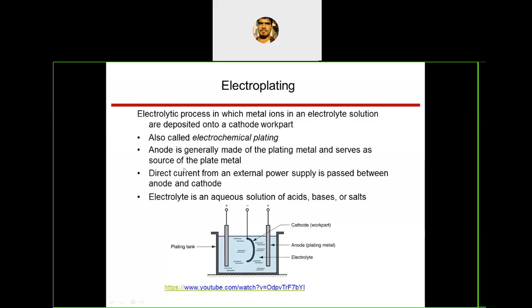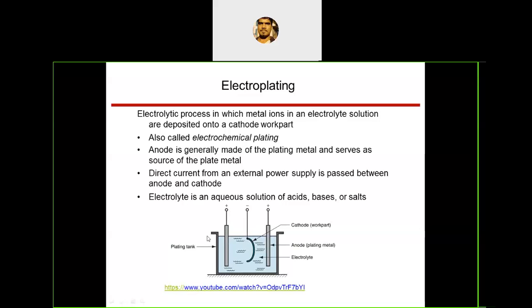See here, this is a chamber, a plating tank or container, completely filled with a solution called the electrolyte solution. Here this is the positive one and this is the negative one. Is it correct?